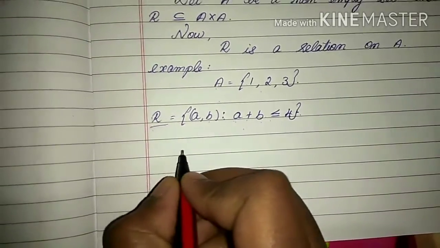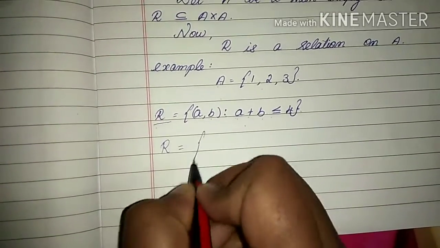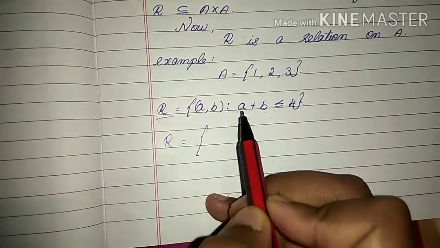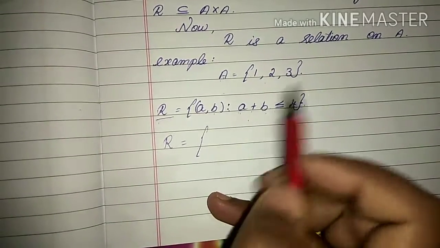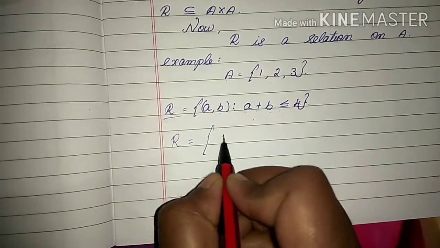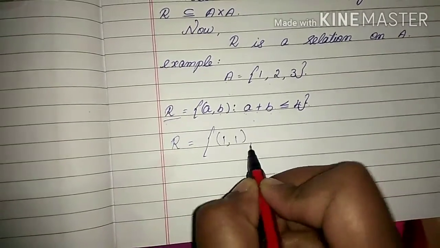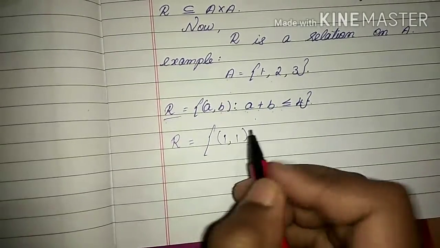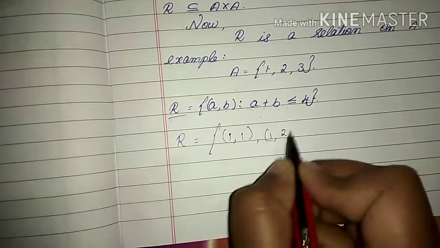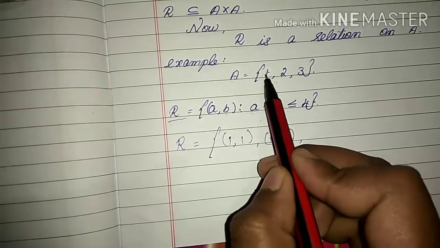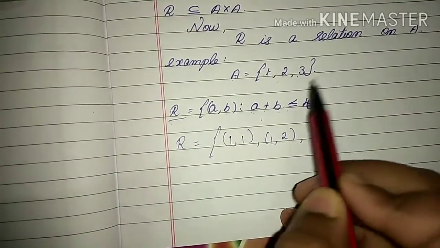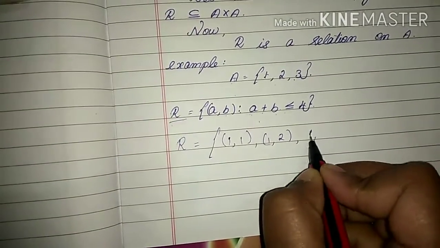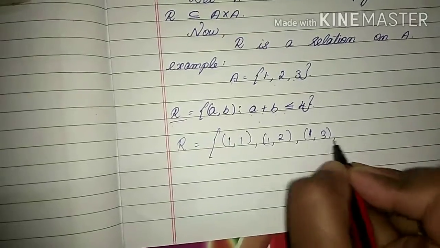So now let me write R is equal to... I'm taking first 1. So 1 plus 1 is 2, which is less than 4, so I can take (1, 1). Next, if I take 1 plus 2, it is 3, which is again less than 4, so (1, 2). Next, 1 plus 3 is equal to 4, which is less than or equal to 4, so I can take (1, 3).